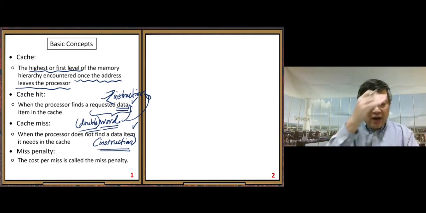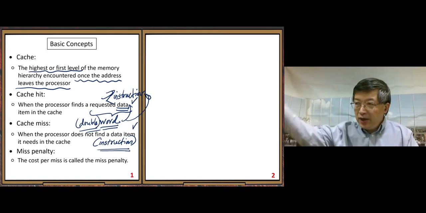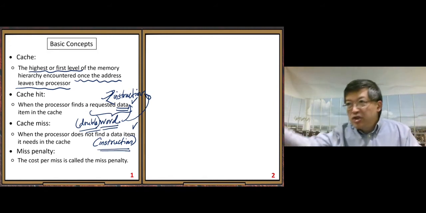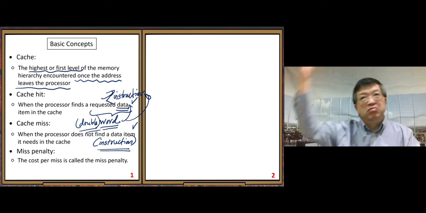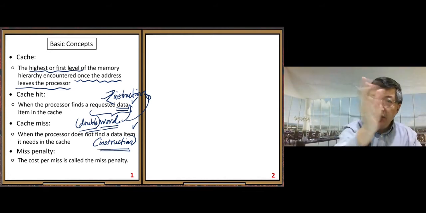Cost per miss is called the miss penalty. Per miss, you load data from main memory into cache. That step takes a lot of time compared with the cache hit case.